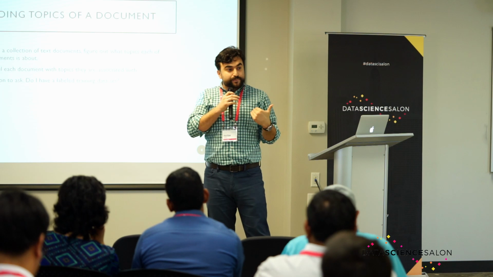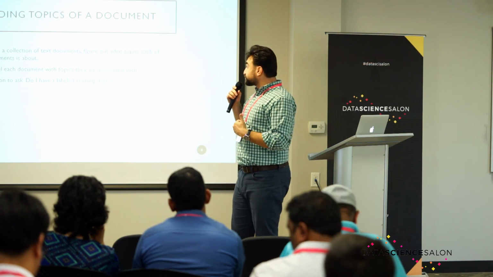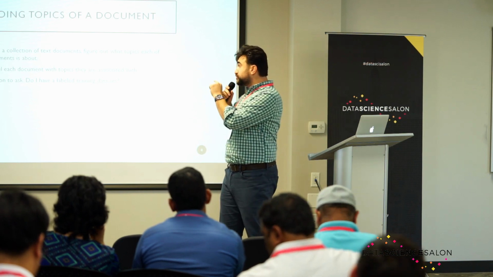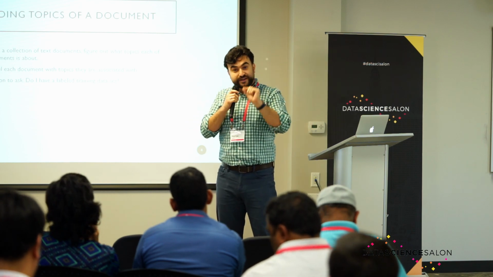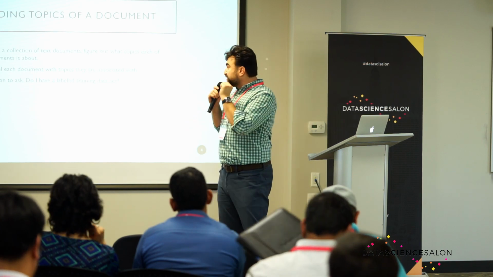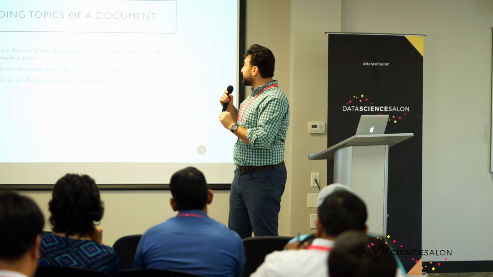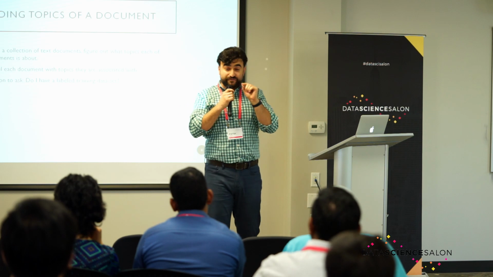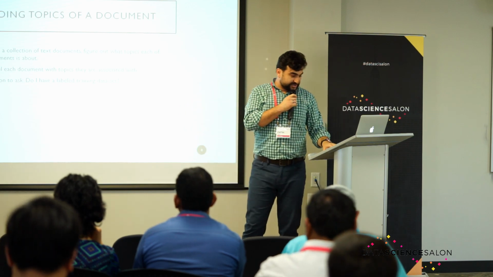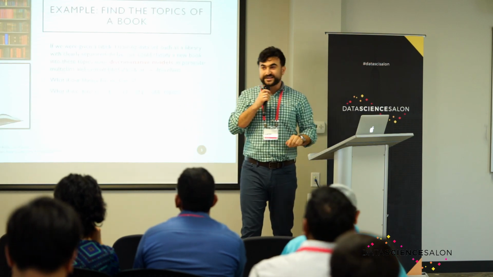And so are topics. So in order to do this, to label each document with the topics they are associated with the most, the first question is, do I have a labeled training data set? Now, this is a very important question, which I will explain in the next slide.